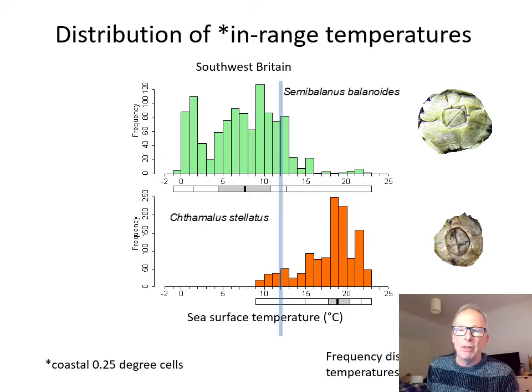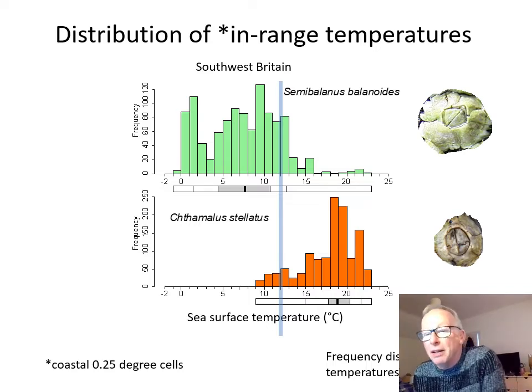Southwest Britain, where I'm about to tell you about some changes that have been observed, lies more or less in the middle of these two plots, but for Semibalanus balanoides, it's towards the warm end of its distribution range, whereas for Chthamalus stellatus, it's towards the cool end of its distribution range. So I think you can get a feel as to what might happen over time.